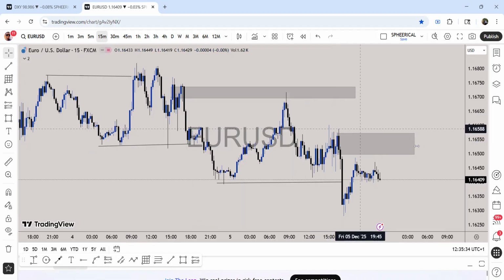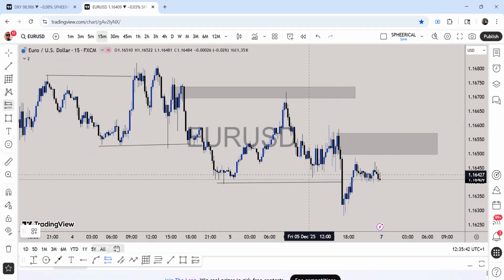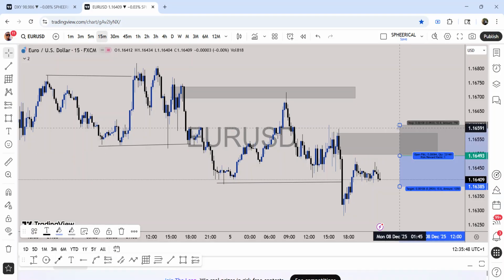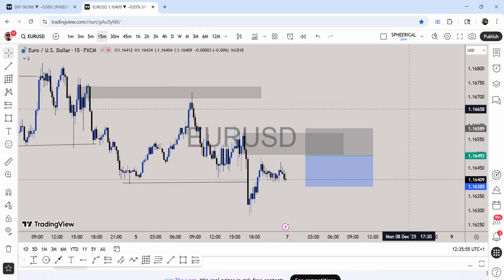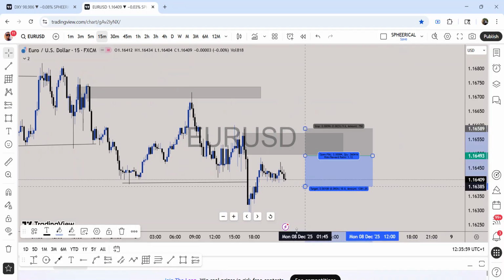There's a tendency the market can still push up, touch the order block, and then sell. You can see it is very, very clear. Then we will be targeting our take profits to be down.